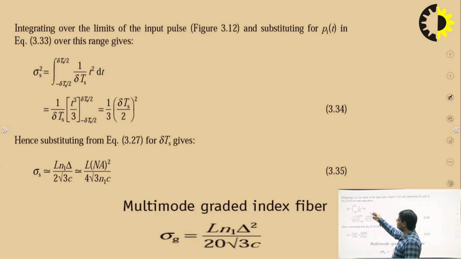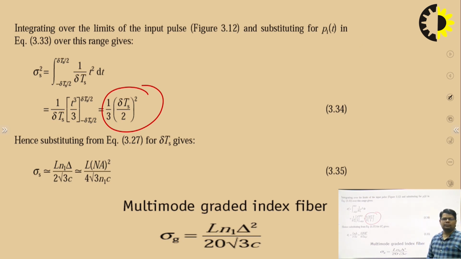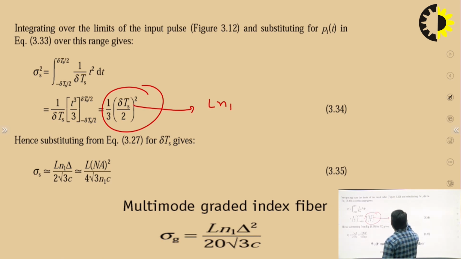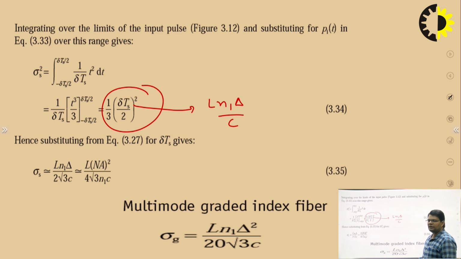By solving this, we can calculate the intermodal dispersion in terms of the propagation delay difference delta Ts. Now putting the value of this delta Ts in terms of delta that we have earlier calculated, L n1 delta by c, and in a similar way we can also represent that in terms of numerical aperture.